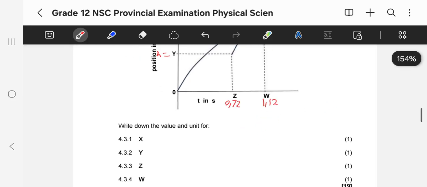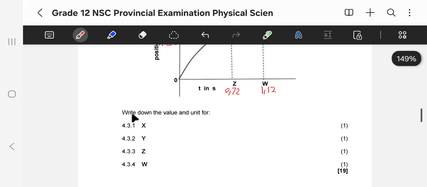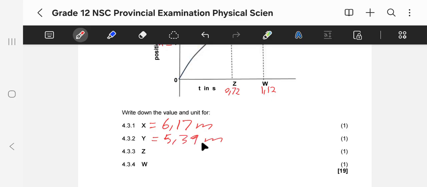From that, they are saying write down the value and unit for X. We've already said that X was the maximum height for ball A, so X is supposed to be 6,17 and it's in meters. What about Y? We said Y is h, the height of the building, and we just found it as 5,39 meters.